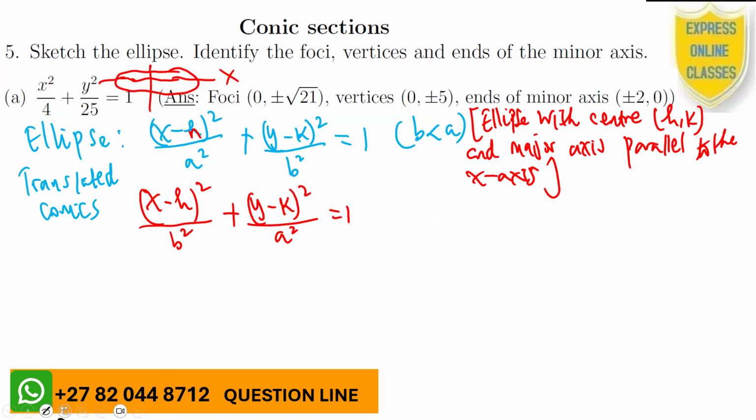Now the a is always the biggest one, and in this case we're still saying b is less than a, so a is the biggest one.